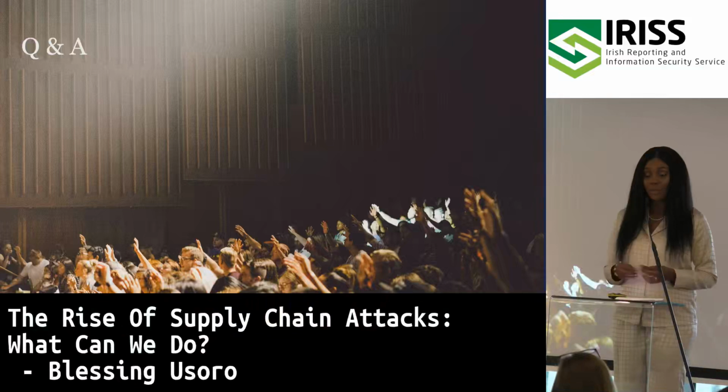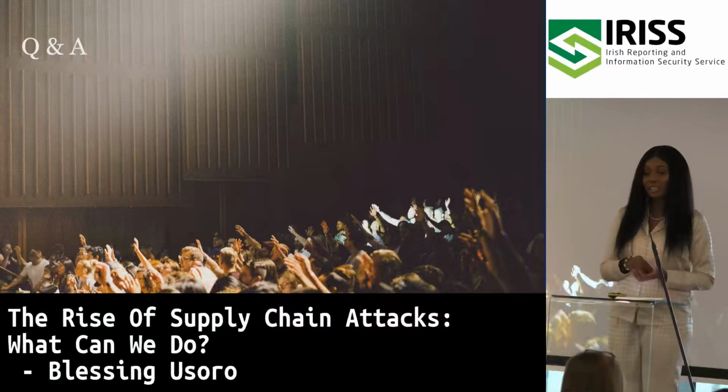So first is awareness, because sometimes companies onboard third parties for a service, and those third parties then outsource the service to another third party. So that's where the fourth and the fifth party comes into place.